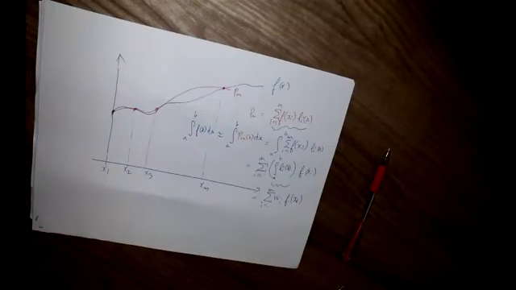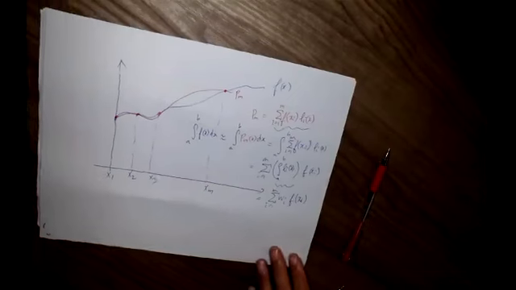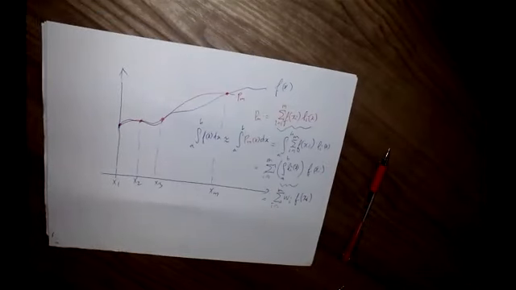Okay? So maybe let me make it more precise. So go back to the formula. So this one I approximate f by this interpolation polynomial in Lagrange form. And this is exactly what I wrote down over there.